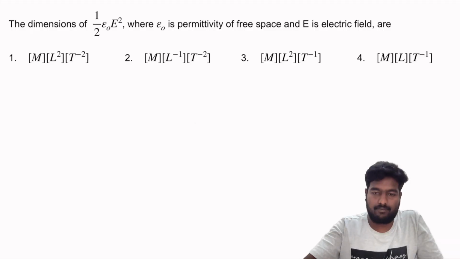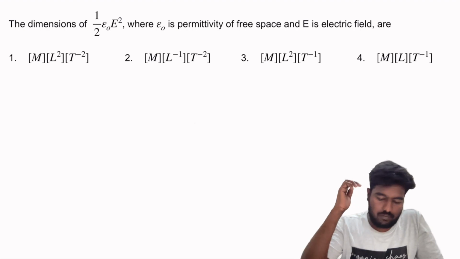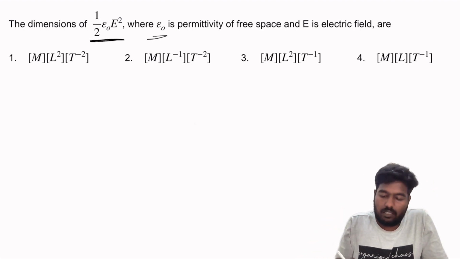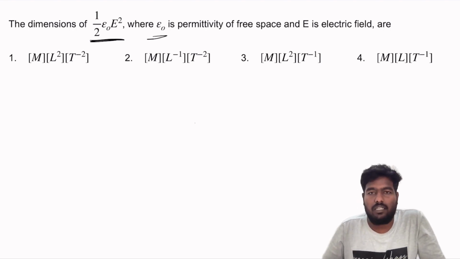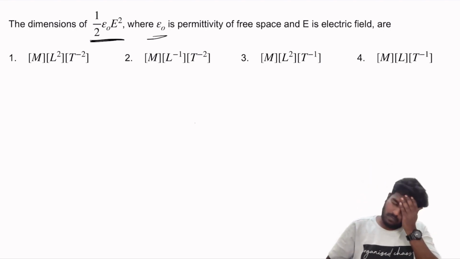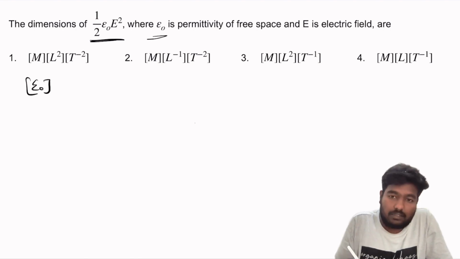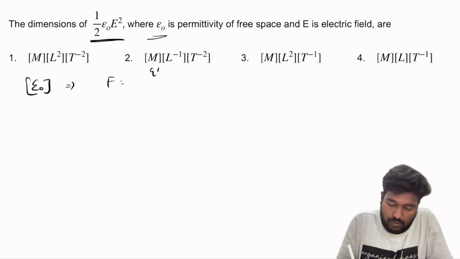The dimensions of half epsilon naught E square, where epsilon naught is permittivity of free space and E is electric field. So we need the dimensions of epsilon naught, that you can get from Coulomb's equation. Force is Q square by 4 pi epsilon naught into R square.